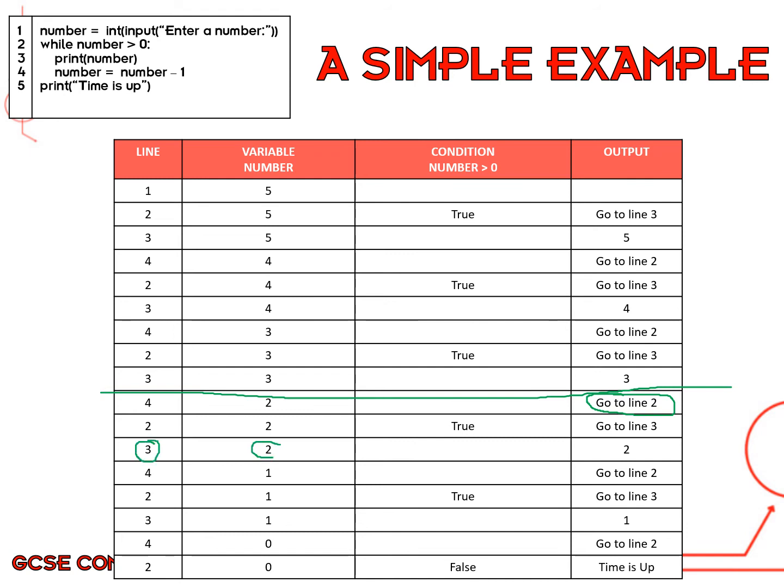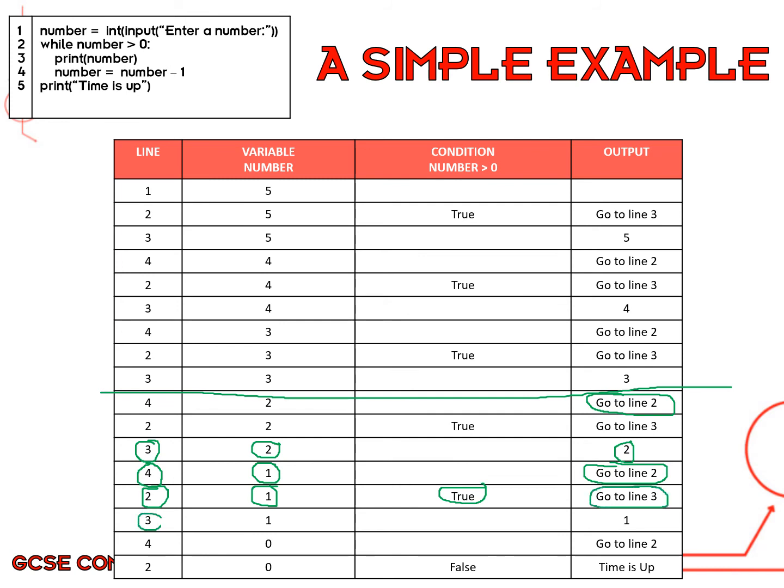We look at the number 2, we output it to the screen. We move down to line 4. We subtract our 1. We go back to line 2 because it's a loop. On line 2, we check if it's greater than 0, which it is because it's 1, which means it's true, which means we go to line 3.